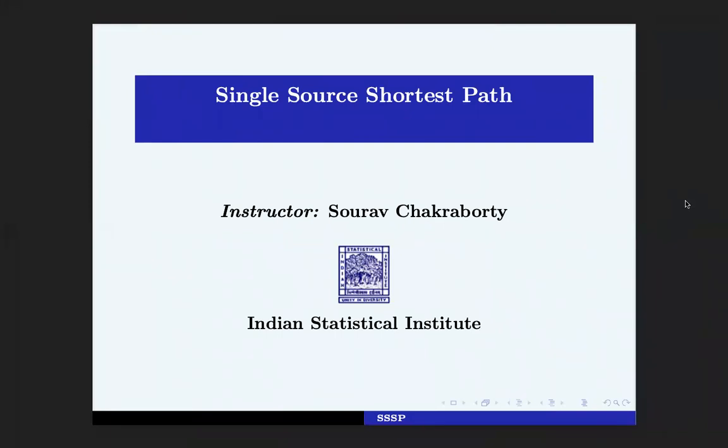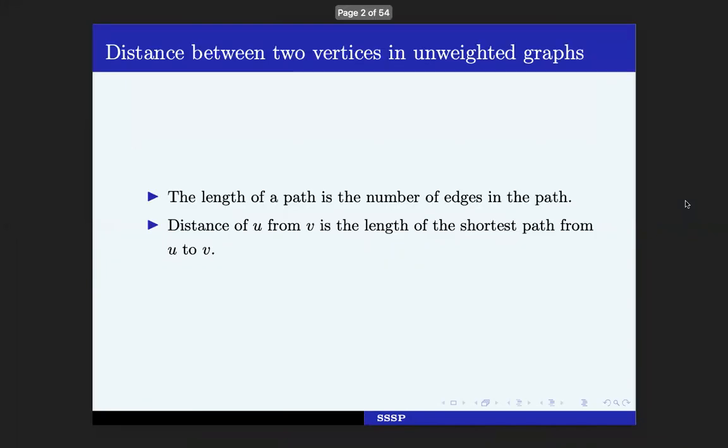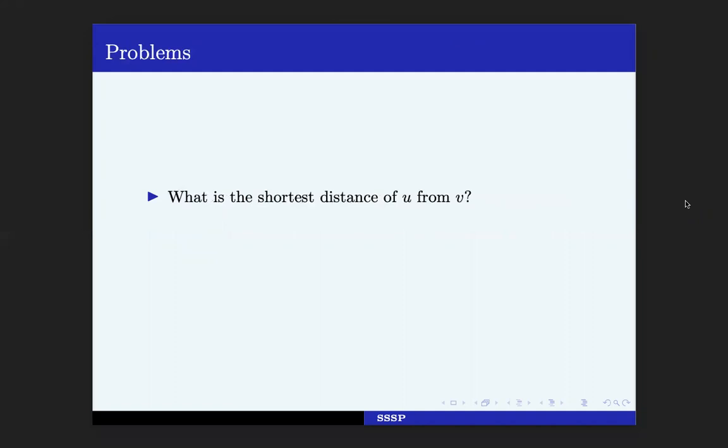So to recap whatever we were doing, we are talking about the single source shortest path problem. Of course, we are talking about the distance between any two vertices, that is the length of the shortest path between U and V. And that is what we are trying to solve.